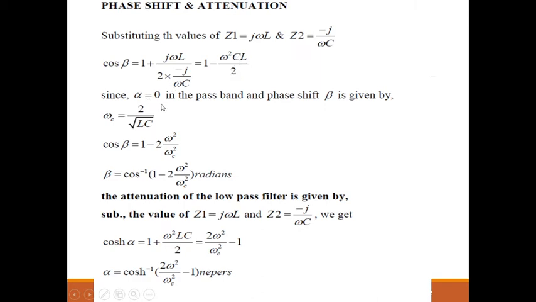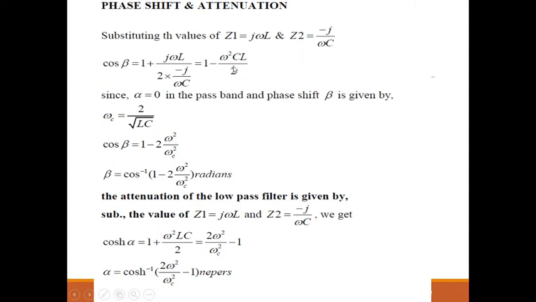Since alpha is 0 in the pass band, the phase shift beta is given with omega c equal to 2 divided by square root of LC. Then cos beta should be equal to 1 minus 2 into omega square by omega c square.